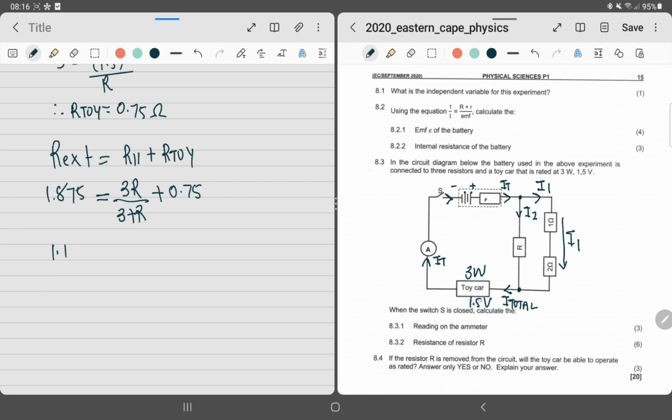So here I'm getting 1.125 equals 3R all over 3 plus R. So this is 3.375 plus 1.125 R. Therefore, R should be equals to 3.375 all over 3 minus 1.125. So I am getting 1.8 ohms.